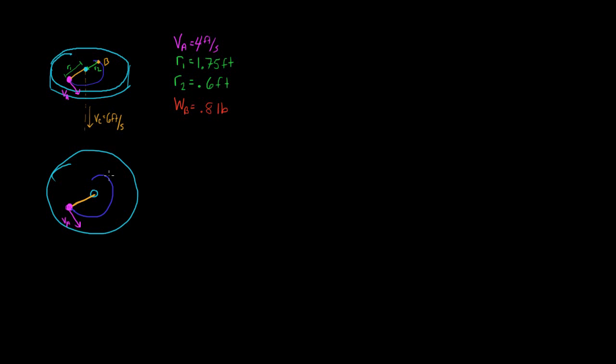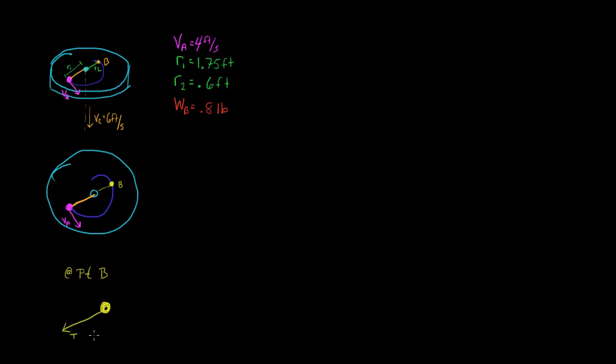And we don't know exactly where this 0.6 feet radius is, but let's just say it's right here, and this is point B. So at this point B, what's going on? Well, at point B, we have the ball, and the ball is going to have a force from the string.